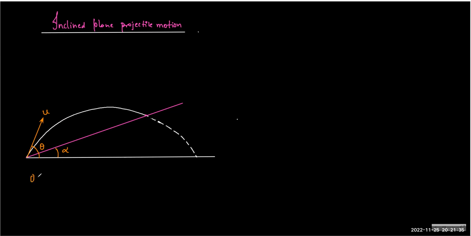Okay. So what is theta here? Theta is angle of projection. And what is alpha? Angle of inclination of plane.